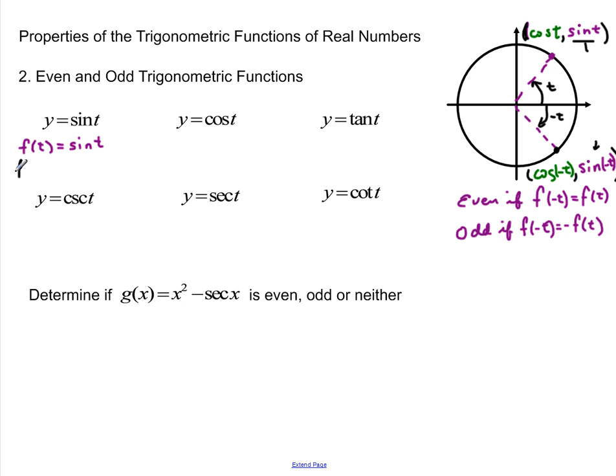So f of negative t is the sine of negative t, but in the negative quadrant, it will be the negative of what we had in the first quadrant. So in other words, this is an odd function.